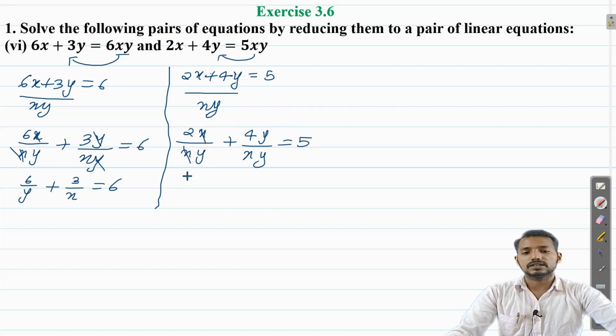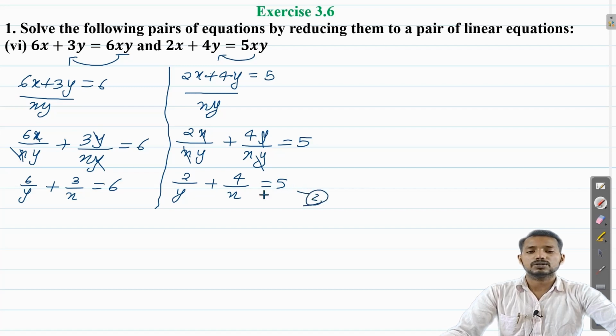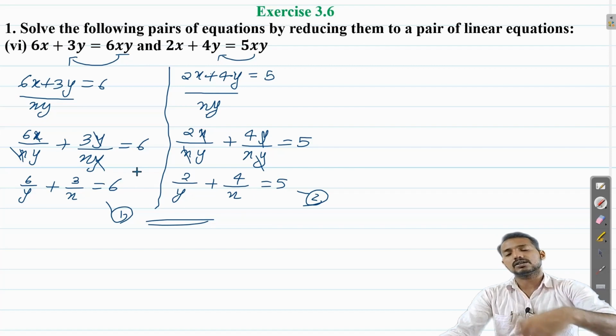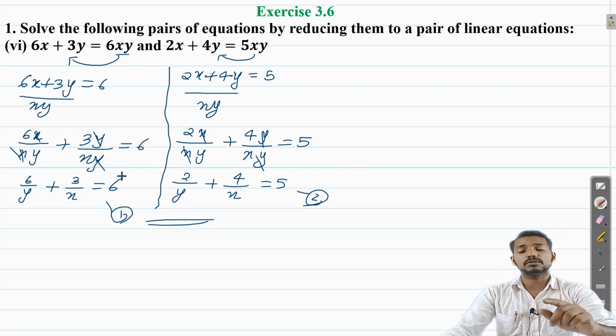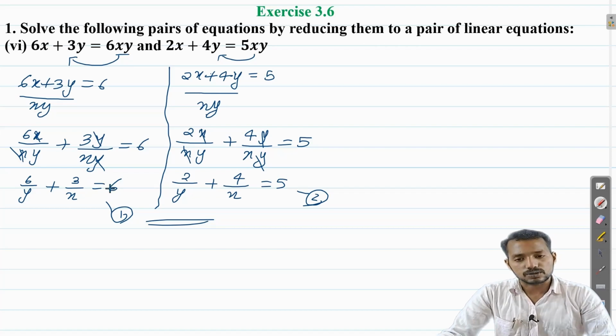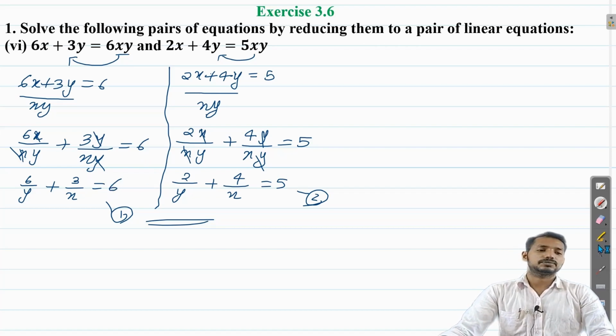Now x is eliminated, 2 divided by y plus, y is also eliminated, 4 divided by x, which is equal to 5. This is equation number 2, and this is equation number 1. You can proceed the same as what we did in option number 1. Clear? So this is all about the way. This also you can try yourself.